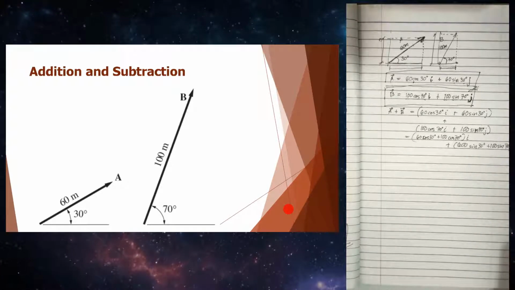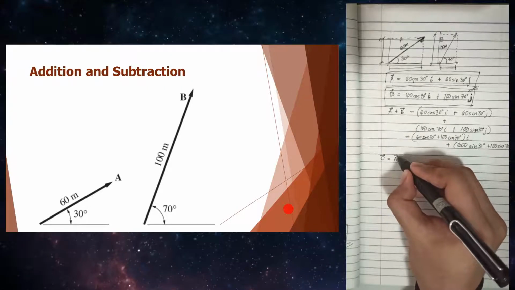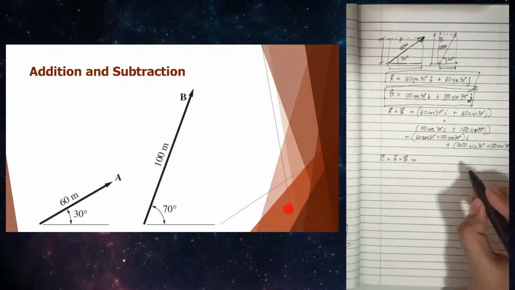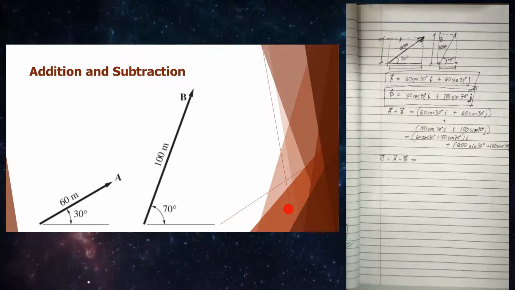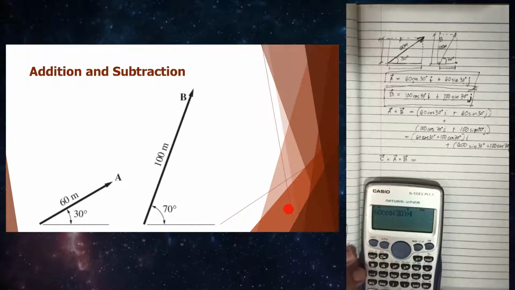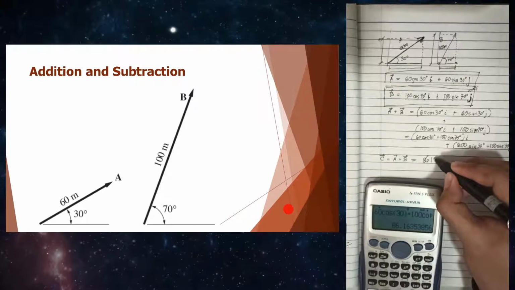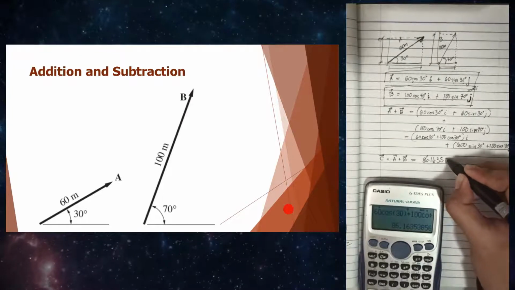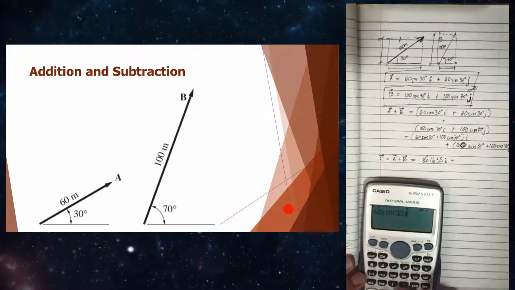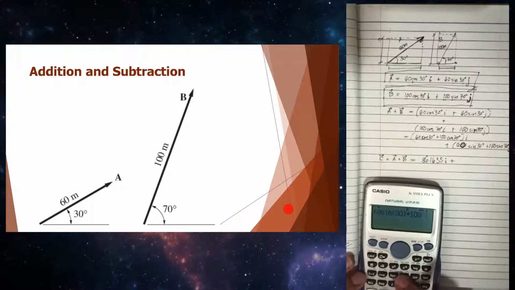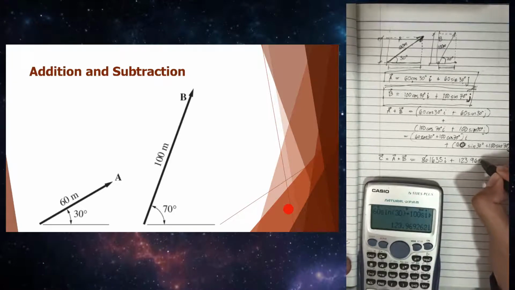Okay? Ibig sabihin nun, the vector C, which is equal sa vector A plus vector B, is equals to, kunin ko yung calcu ko, 60 cosine 30 degrees, make sure yung calculator nyo naka degrees, plus 100 cosine 70, so equals yan sa 86.1635 I plus, this is 60 pala, 60 sine 30 plus 100 sine 70, so 123.9693.